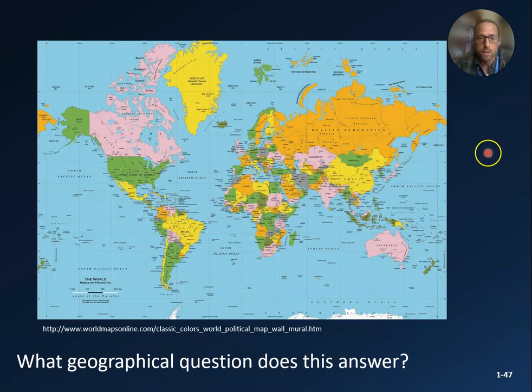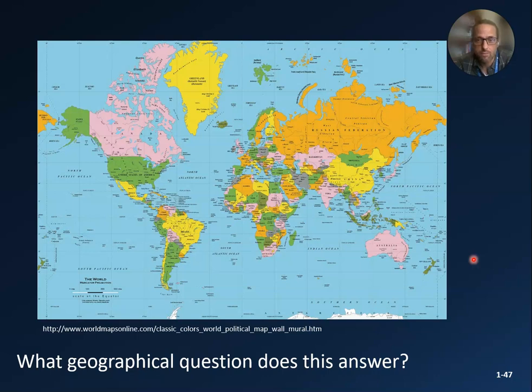And so if you see, for example, this is obviously a map of the world, and you see the pattern. A geographical question that this is answering, there's a number of them, but one of them could be: where are all of the countries of the world relative to other countries?